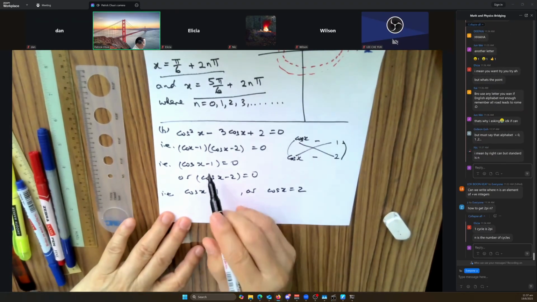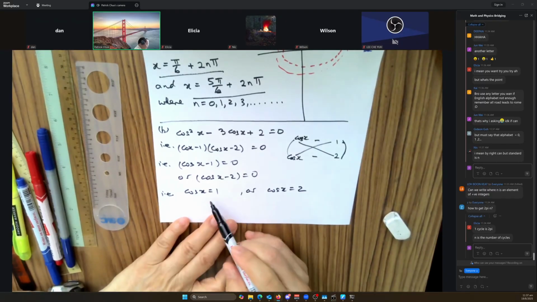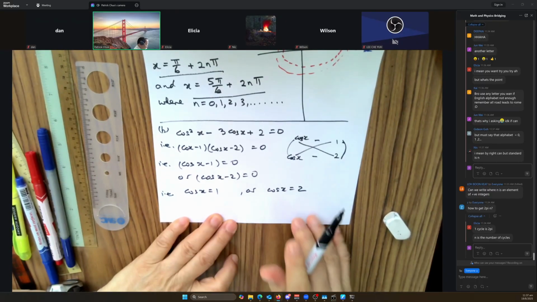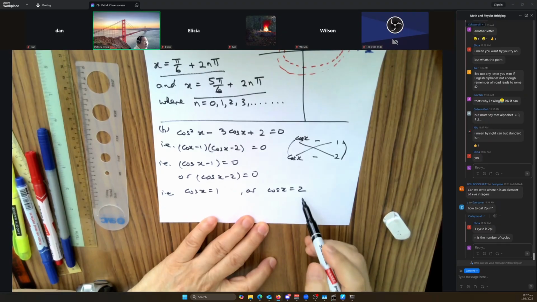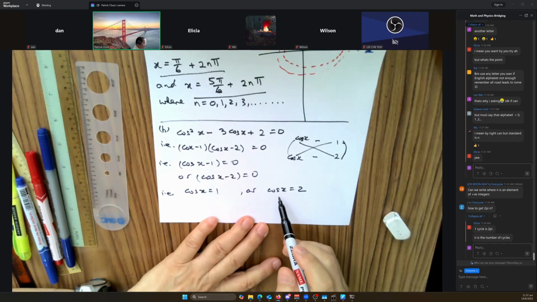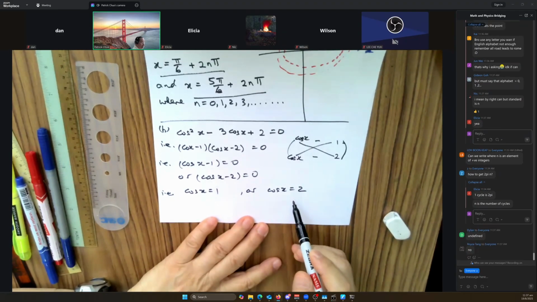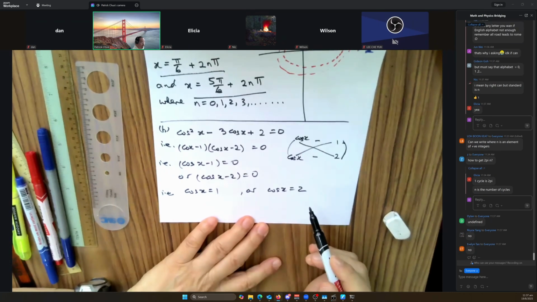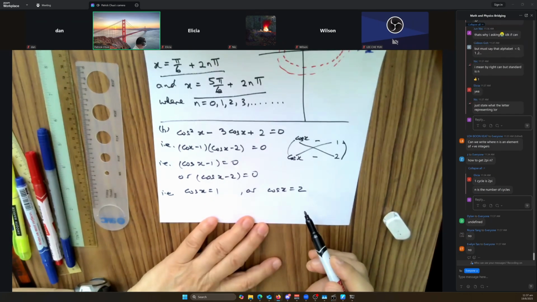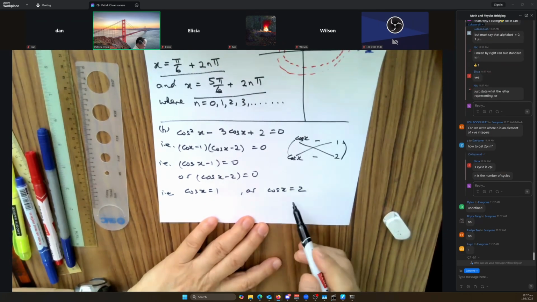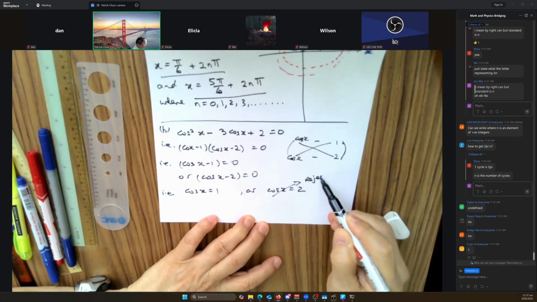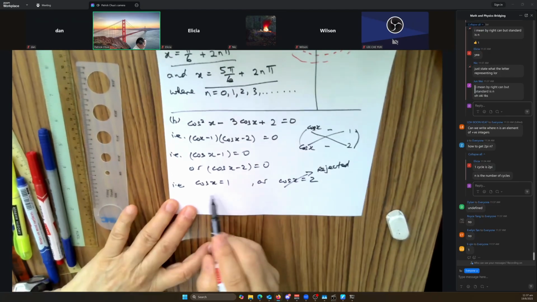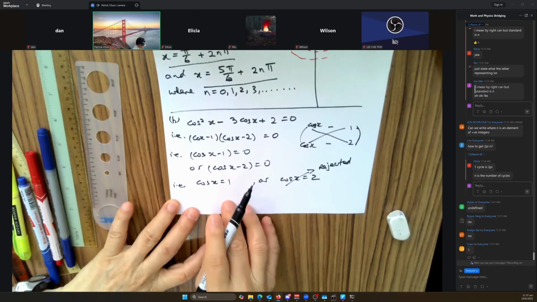Okay, you break this up. You look at these two equations. You look at this one first. Can cos x ever be equal to 2 or not? The maximum value of cos x is plus 1, or minus 1. It can never be equal to 2. So this is rejected, inadmissible. You can have cos x equal to 1.